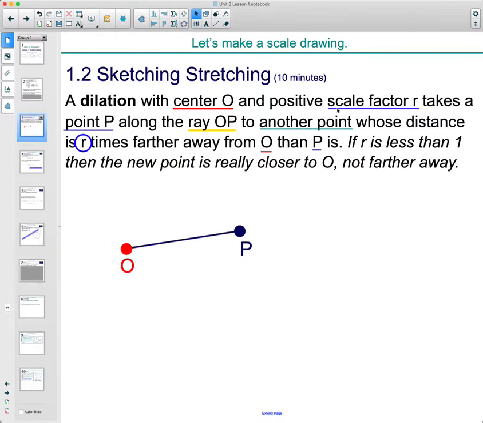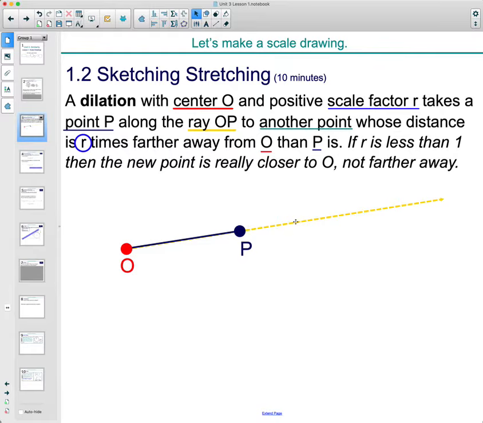Then we're going to have some scale factor that is given to us. So a scale factor of 2, a scale factor of a half, a scale factor of 4, whatever it ends up being. And that is going to move this point P, whatever's being dilated, along the ray. So there's this ray that connects the center of dilation to the point that you're dilating.